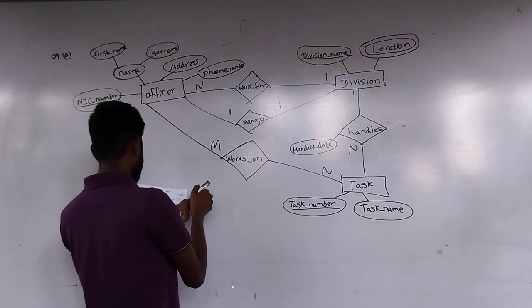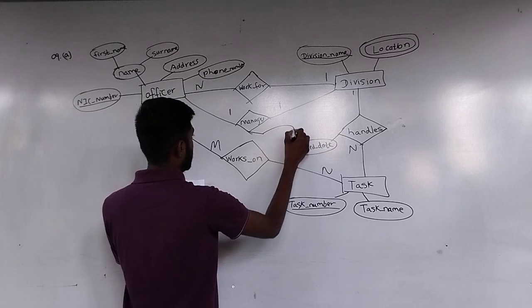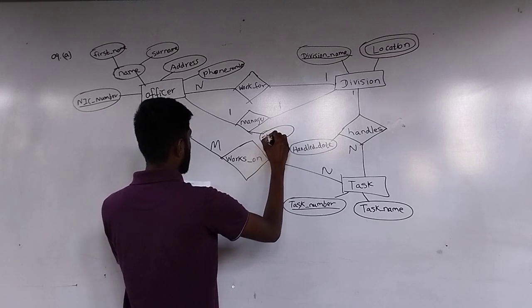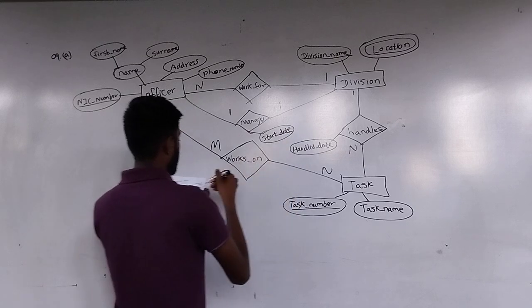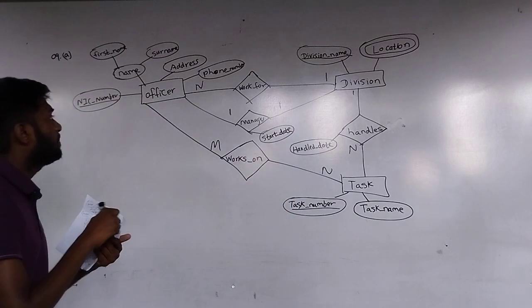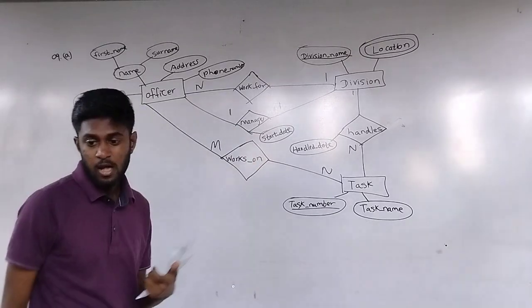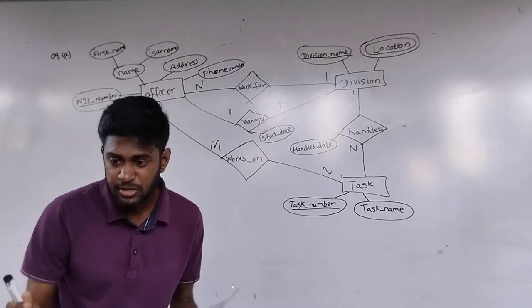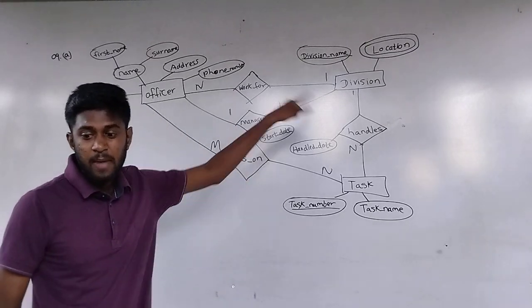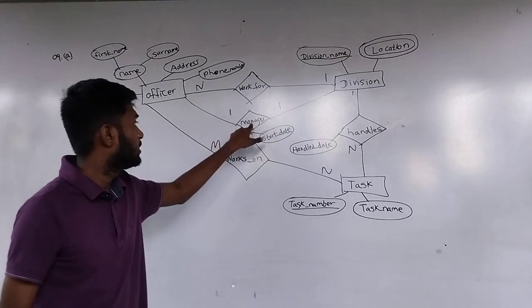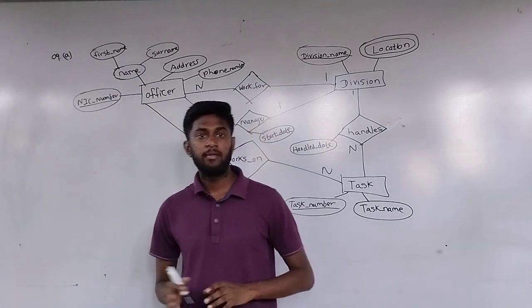It should come to the relationship. So this attribute start date should come to the relationship managers. Because each division is managed by one of its officers, and the starting date on which the officer started managing the division is stored. So it must come to the relationship. So that brings the end of the 2023 ER diagram.